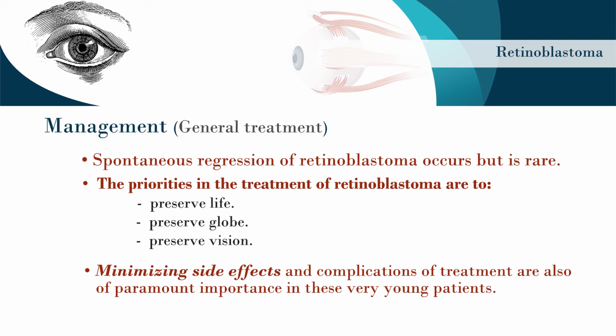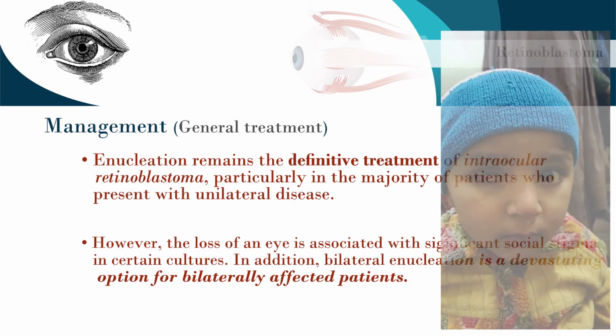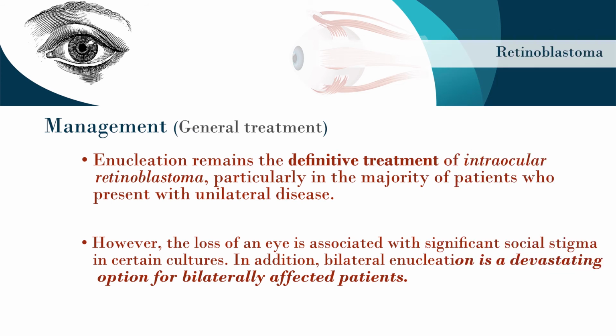Minimizing the side effects and complications of treatment is also of paramount importance in these very young children. Enucleation remains the definitive treatment of intraocular retinoblastoma, particularly in the majority of patients who present with unilateral disease. However, the loss of an eye is associated with significant social stigma in certain cultures. In addition, bilateral enucleation is a devastating option for bilaterally affected patients.